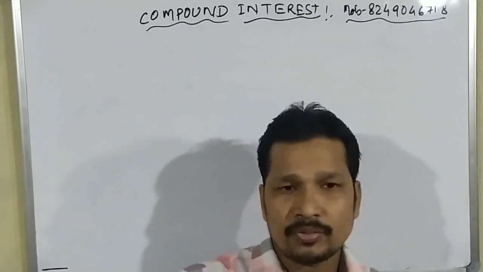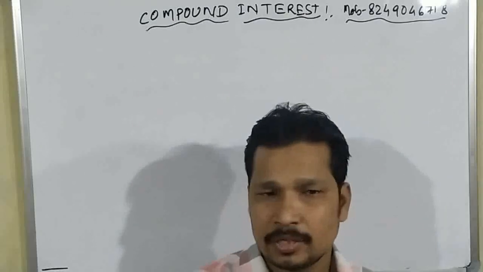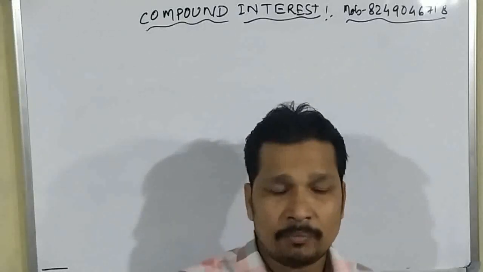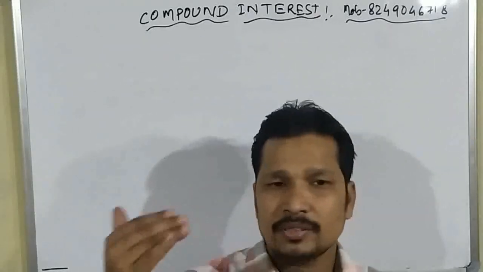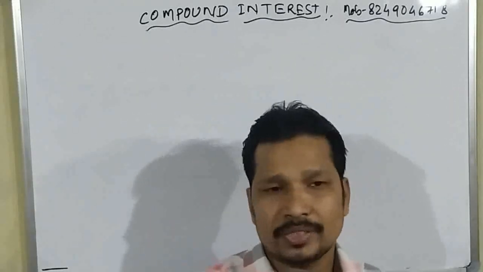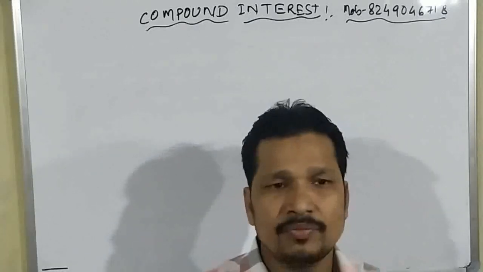For the first year, they will take 10% compound interest, and for the second year, 15% interest, and for the third year, 20% interest. This type of interest is known as successive interest.